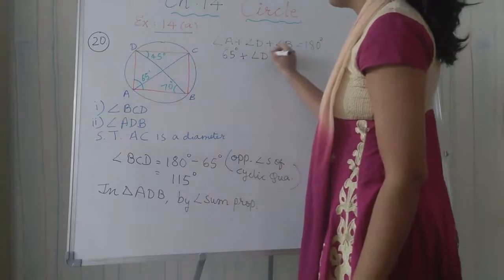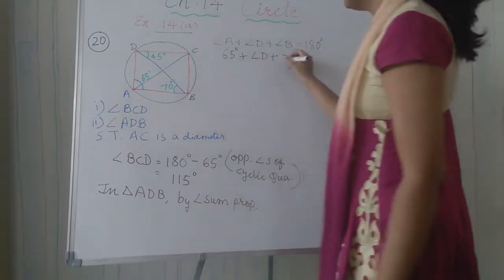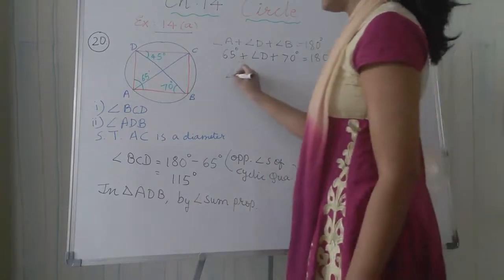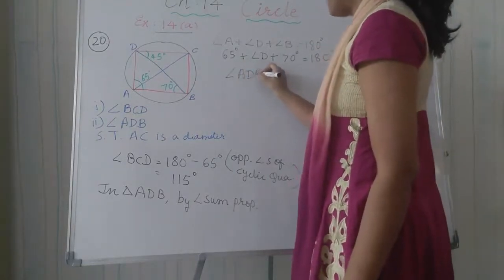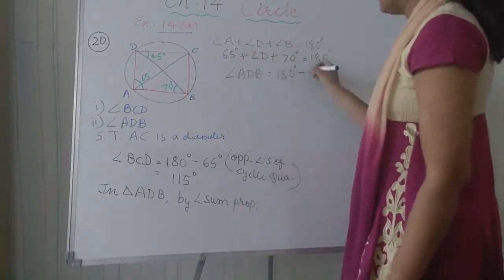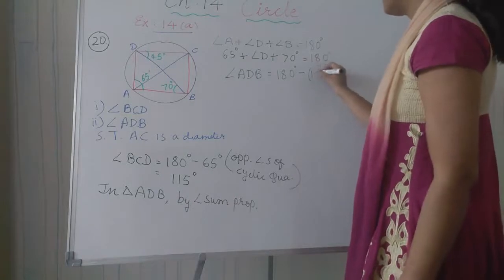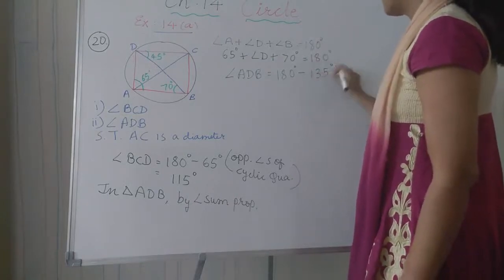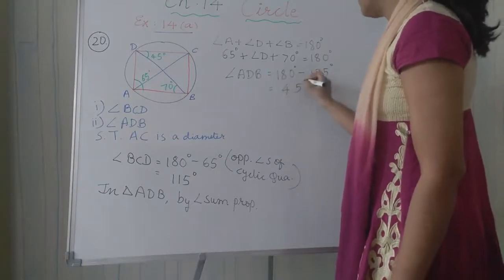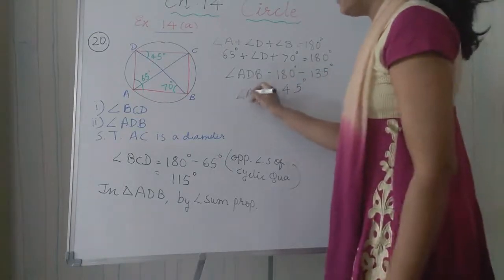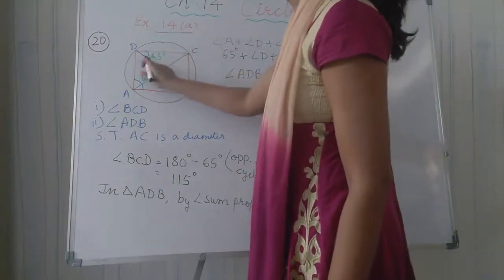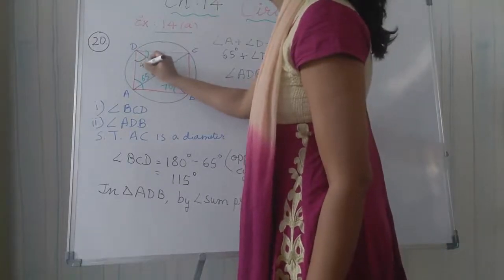Angle D we want to find out, and B is given as 70 degrees. So now place all the values. We get angle ADB is equal to 180 degrees minus (65 plus 70), that is 135 degrees. So we get the answer as 45 degrees. So angle ADB we found here as 45 degrees.